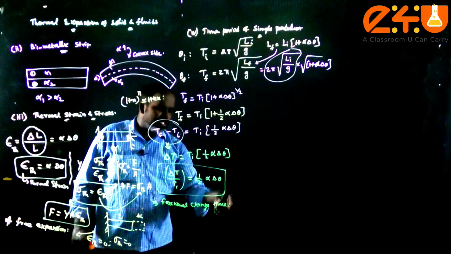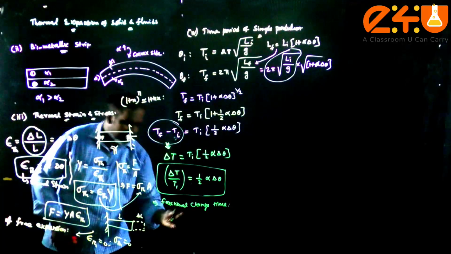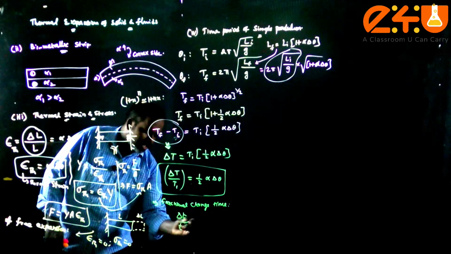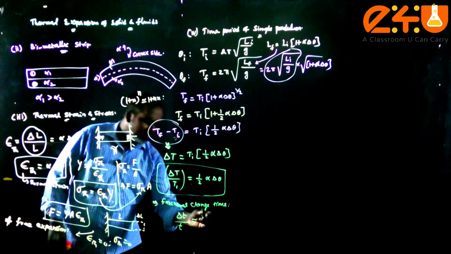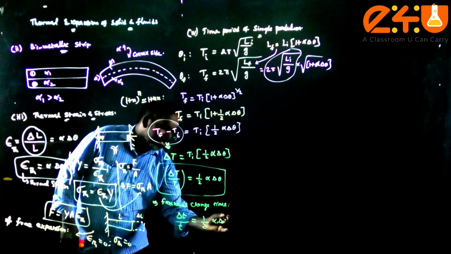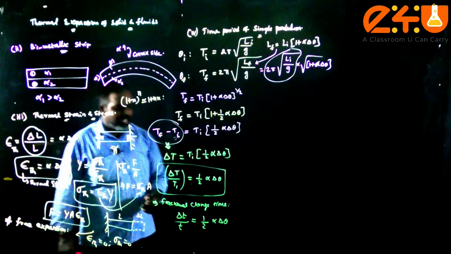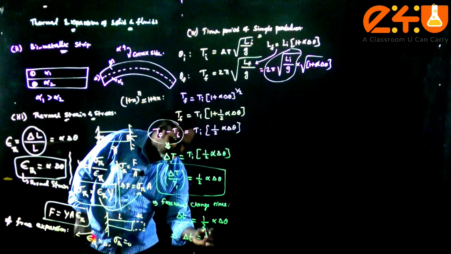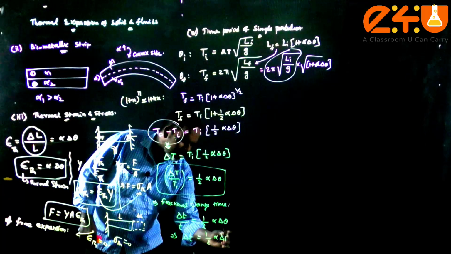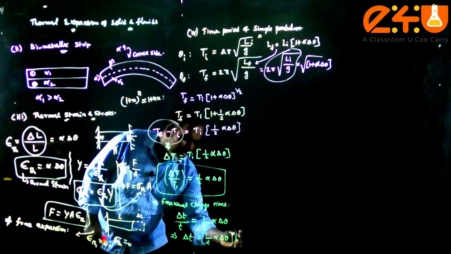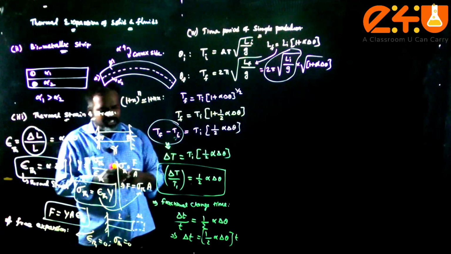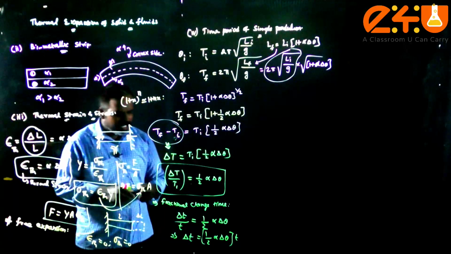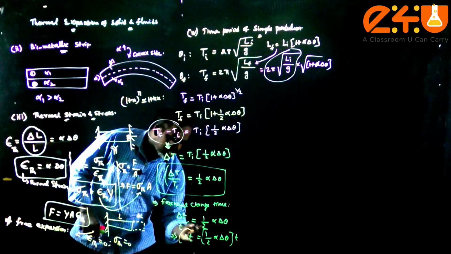Suppose this pendulum is used to measure the time, then delta t divided by t is equal to the same thing, 1 by 2 alpha into delta theta. Or we can say delta t is equal to 1 by 2 alpha into delta theta into t.